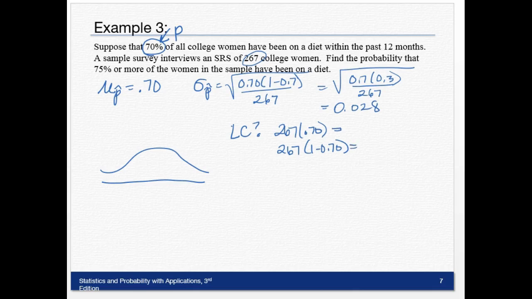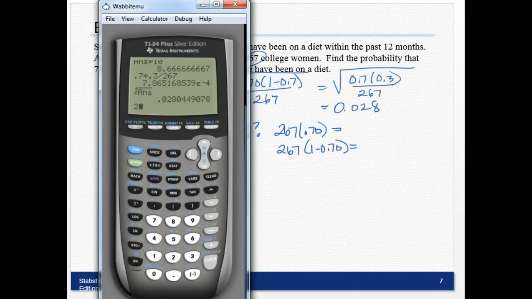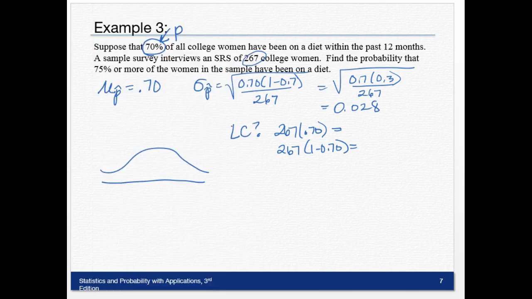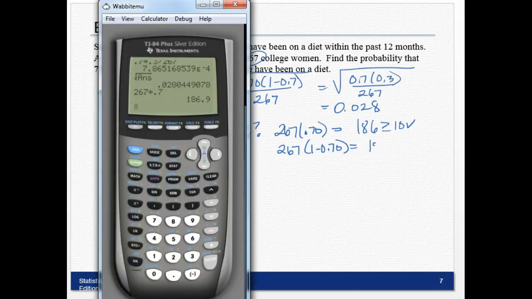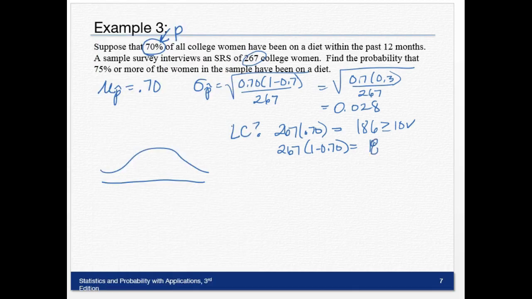Let's check that out. 267 times 0.7 is 186, which is definitely larger than 10. Check, that works. Then the other one, 267 times 0.3, is 80, greater than or equal to 10. So we are in good shape and we can use our normal curve. Now we can draw this in. We know our mean right here is 0.70.